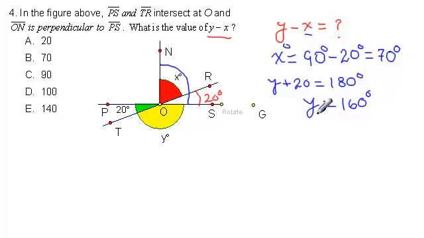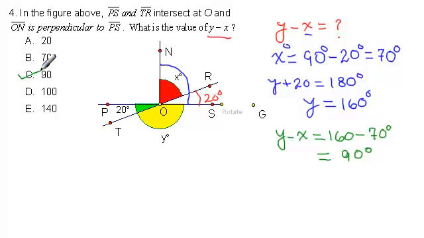So we got the value of y, we got the value of x, and we are ready to answer the question. The answer is going to be y minus x will be equal to 160 minus 70, which gives me 90 degrees.